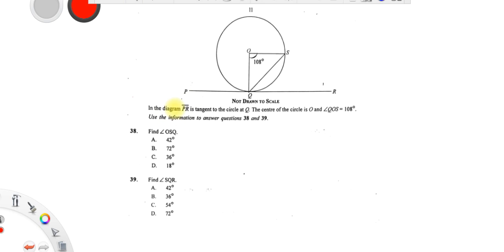So see, we are looking at this one. We are going to use it to solve two questions: question number 38 and question number 39.